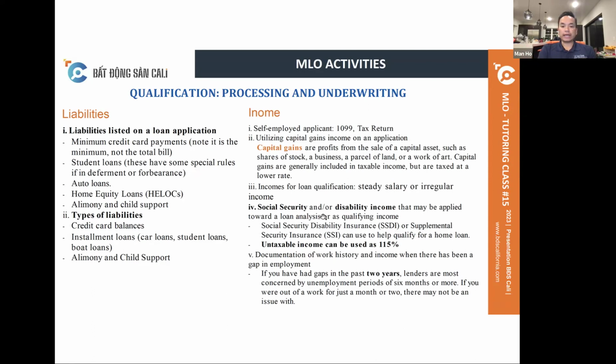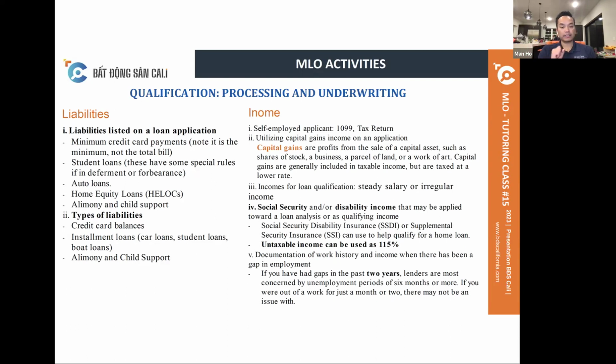Social Security and/or disability income may be applied toward the loan analysis as qualifying income. Some seniors can have a Social Security check from the government. They may have a disability check from the government. They may have an SSI check from the government. Those are eligible income that you can use.